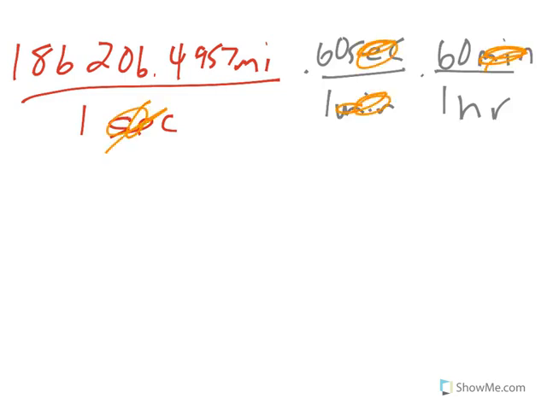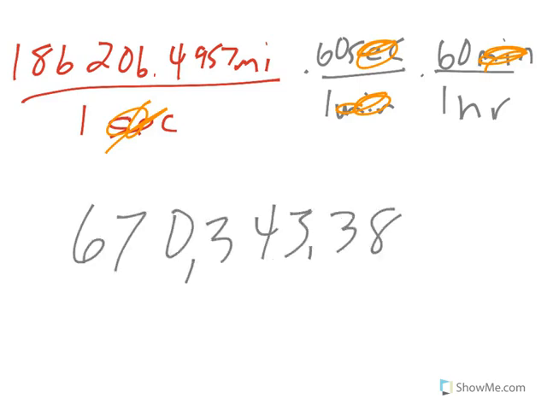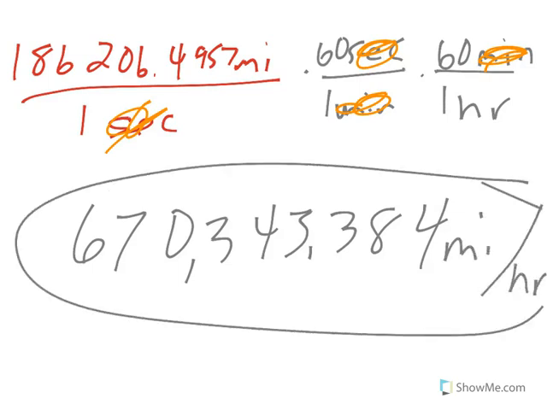And now you'll notice all my numbers are in the top. So I take that answer, multiply by 60, multiply by 60 again, and my answer for this is actually 670,343,384, rounded to the nearest, in terms of miles per hour.